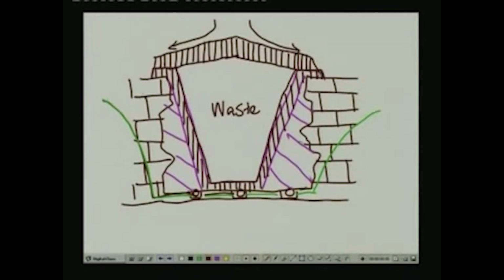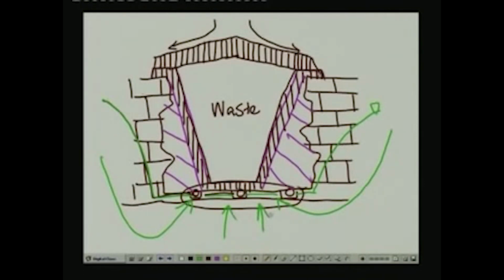Another way the possibility of leaching, as the process is called, is eliminated, is by having a bathtubbing effect by lowering the groundwater table using the series of pipes placed near the bottom of the excavation. Because of the fact that the groundwater was lowered in this manner, you can see that the groundwater movement is going to be upward into the waste rather than down away from the waste.